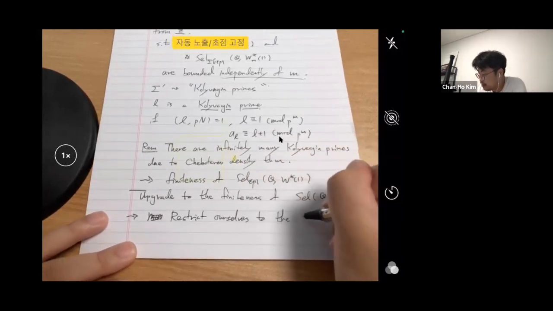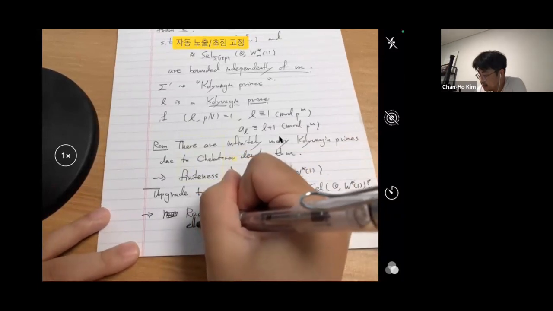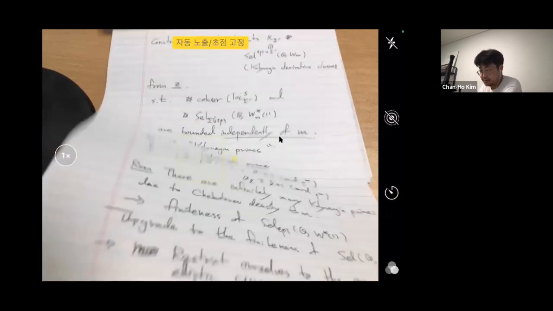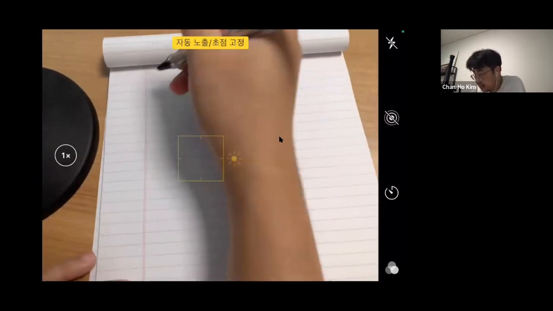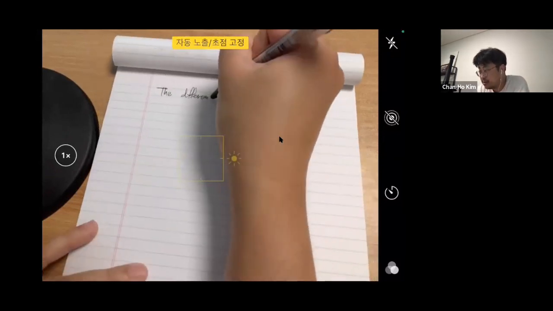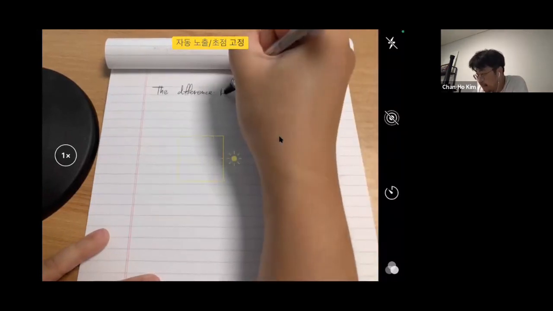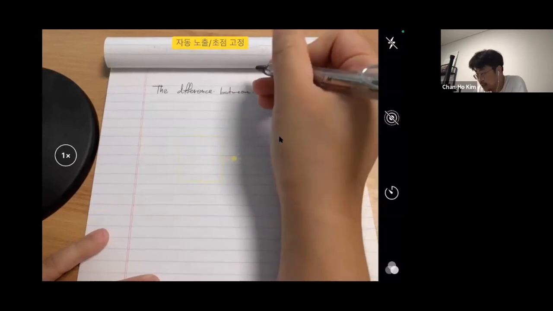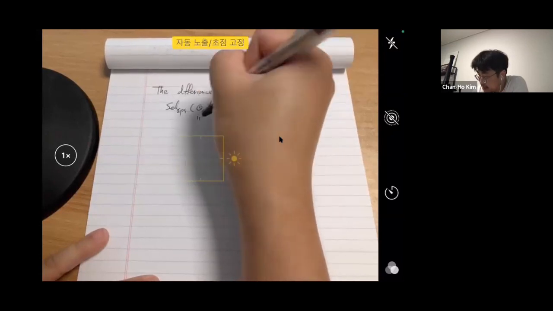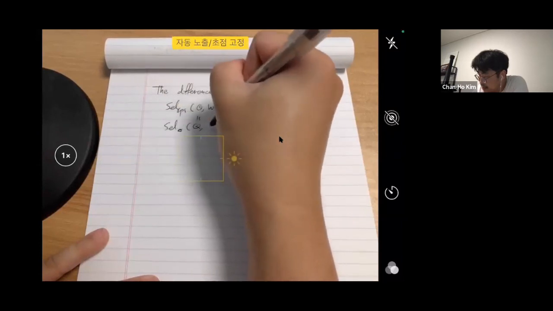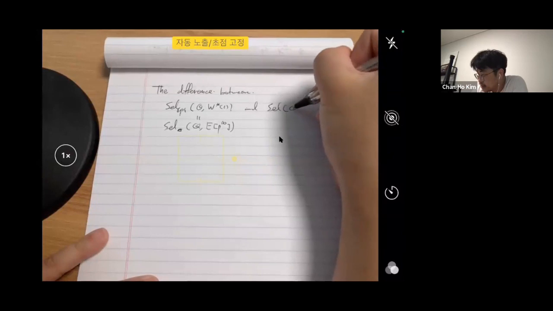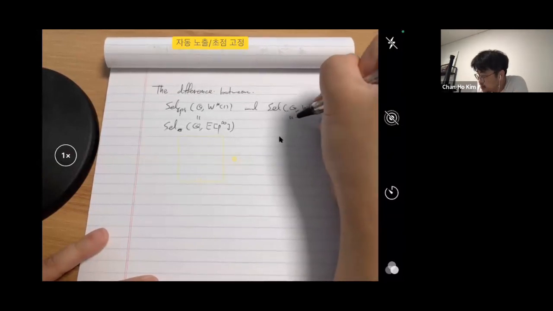Then what we want to do is the following: we want to measure the difference between, now that we are on the elliptic curve, the p-strict Selmer group, Sel_0, and Sel_{W*1}, which is just the Selmer group of the elliptic curve.